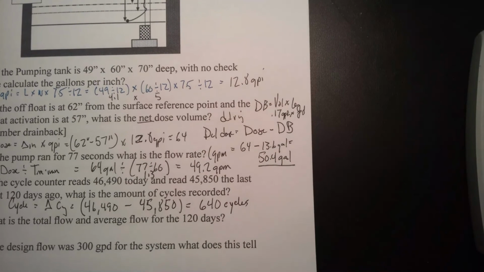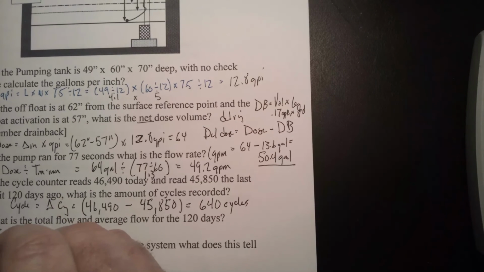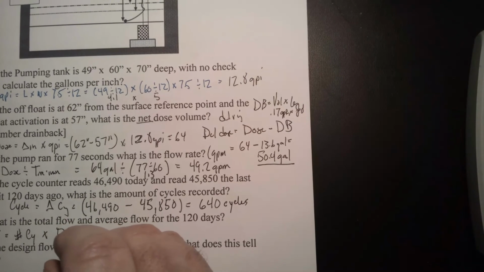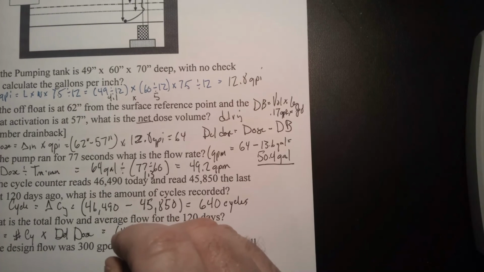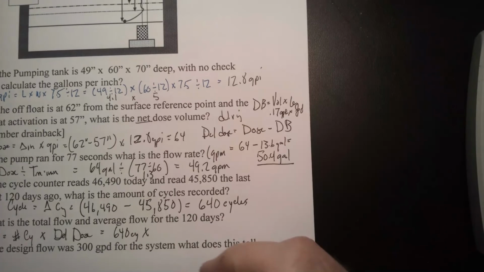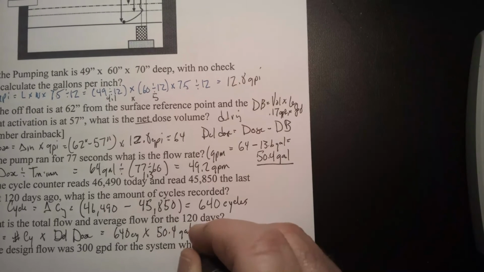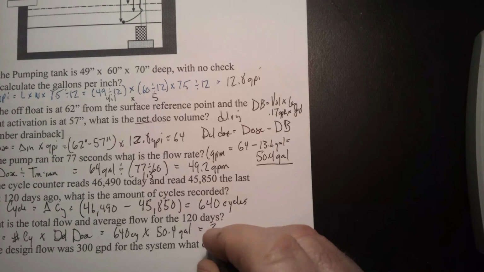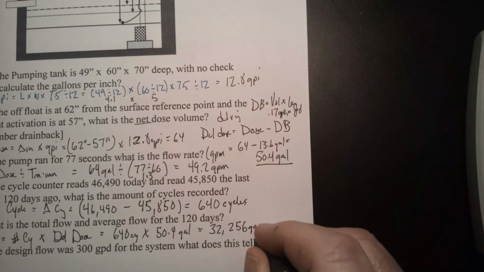What is the total flow? The total flow is equal to the number of cycles times the delivered dose. So in this example, it would be 640 times 50.4. So 640 times 50.4 would equal 32,256 gallons.